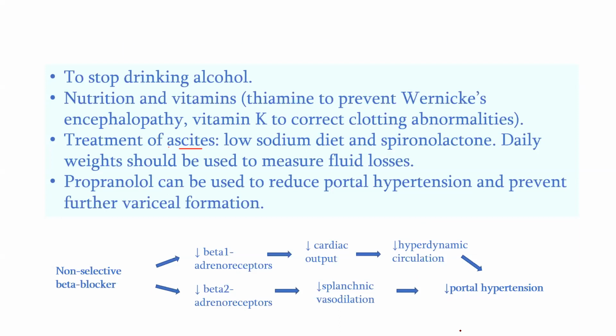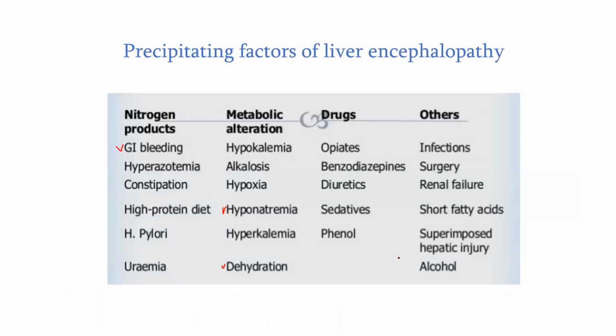And the next complication which we must try to prevent is liver encephalopathy. So, which are the precipitating factors of liver encephalopathy? Nitrogen products: more ammonia, more risk of encephalopathy. Ammonia may be produced from blood when it gets to the intestines and is metabolized by bacteria, and ammonia is released.